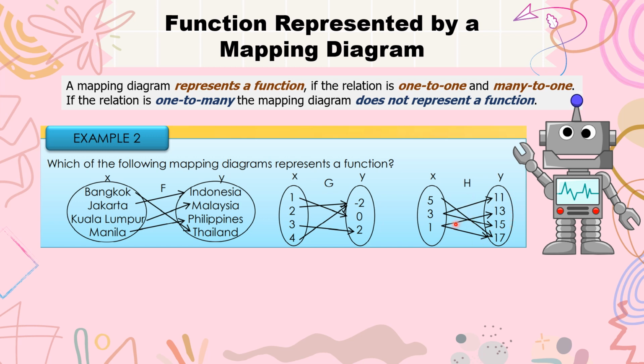And this relation shows one to many. 1 dito sa x value, na-pair siya sa many values ng ating y, 11 and 15. And so with 1, yung 1 na-pair sa 13, at the same time na-pair din siya sa 17. So it shows one to many relation. So if the mapping diagram shows one to many relation, the mapping diagram does not represent a function.